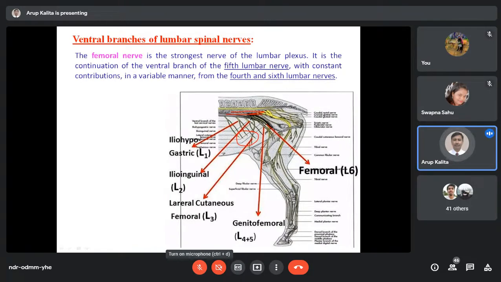The 4, 5, 6 will form the lumbosacral plexus, and it will go to the hind limb. The first lumbar spinal nerve is called iliohypogastric, the second is known as ilioinguinal, the third is known as genitofemoral. They all will supply the lateral and ventral abdominal wall. 4, 5, 6 will form the lumbosacral plexus. Clear to you or not? I have to keep telling repeatedly.